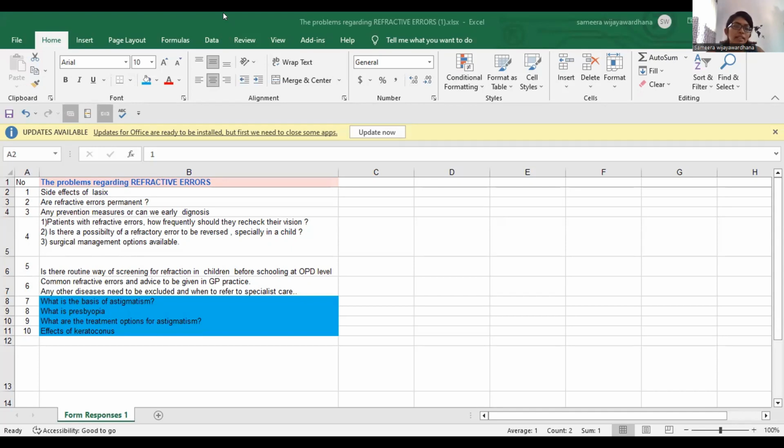Okay, madam. And the next question is, are refractive errors permanent? So myopia is pretty much permanent. If a child gets a myopic spectacle error, they are likely to have that error for the rest of their life. Myopia and astigmatism are both like that. Childhood hypermetropia can correct when they are getting older.